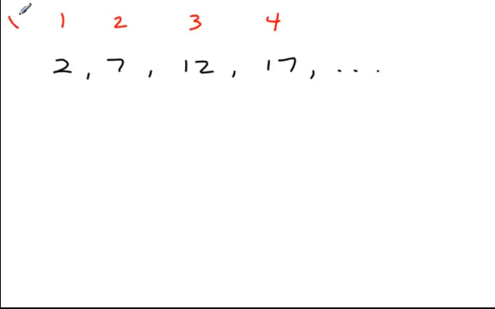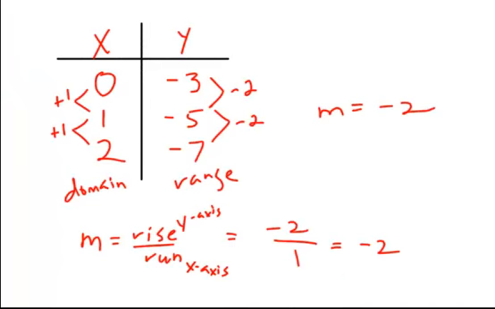That means that the term is my x input. It shows what place in my sequence I'm at. I have to have the term before I know the number in the term, right? Okay? That makes what's in the term my y output. So, if I want to find slope, I do the same thing as I did here.